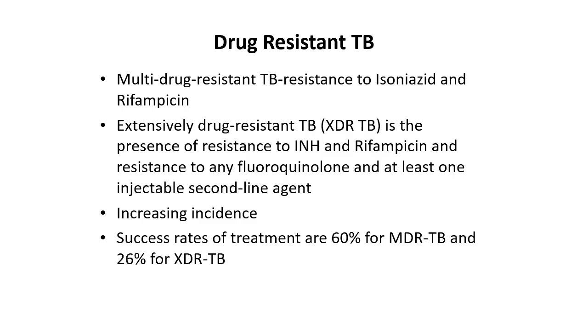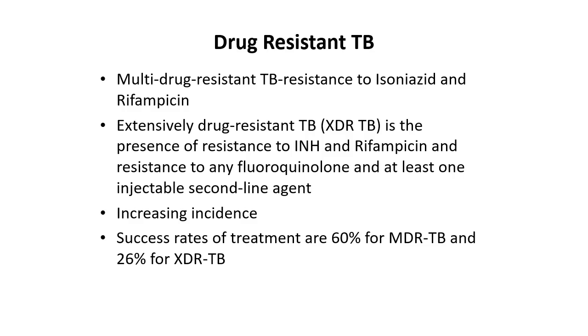The occurrence of strains of TB resistant to one or more antitubercular agents can be primary, but is more commonly the result of inadequate or incomplete treatment. Multi-drug resistant TB is the presence of resistance to isoniazid and rifampicin.